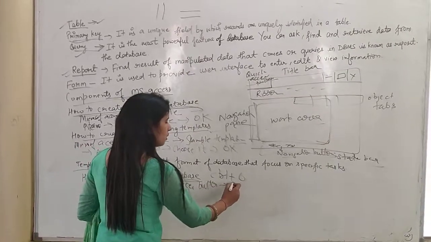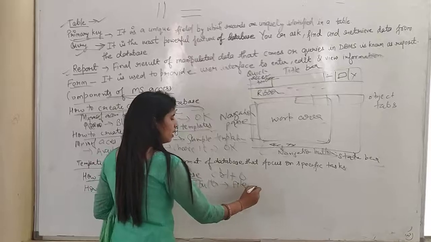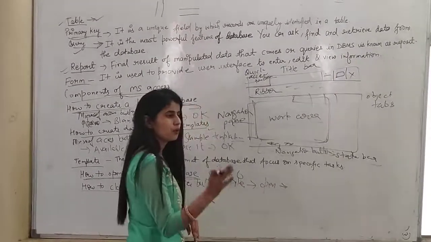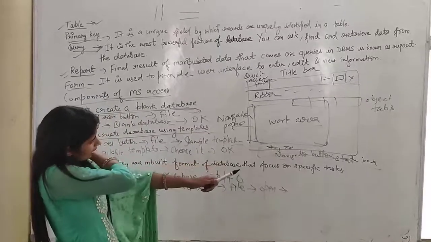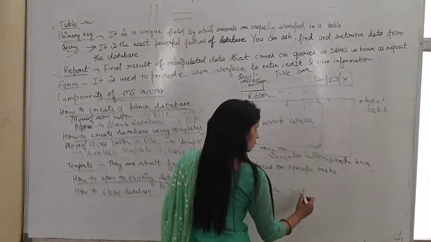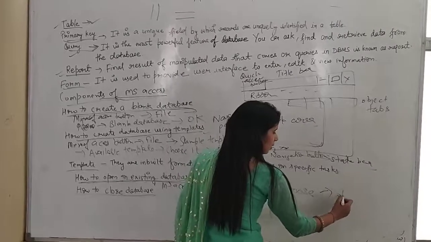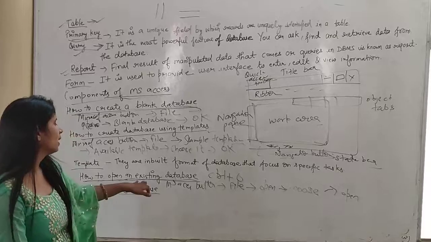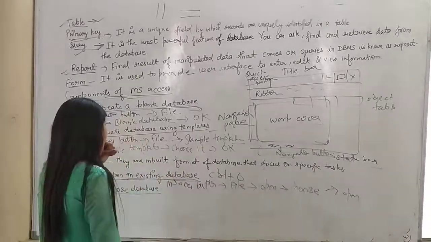Then after you will click on file. Then you will click on open. Then it will show you all the existing databases. So choose or you can say select and then click on open. So in this way you are able to open an existing database.